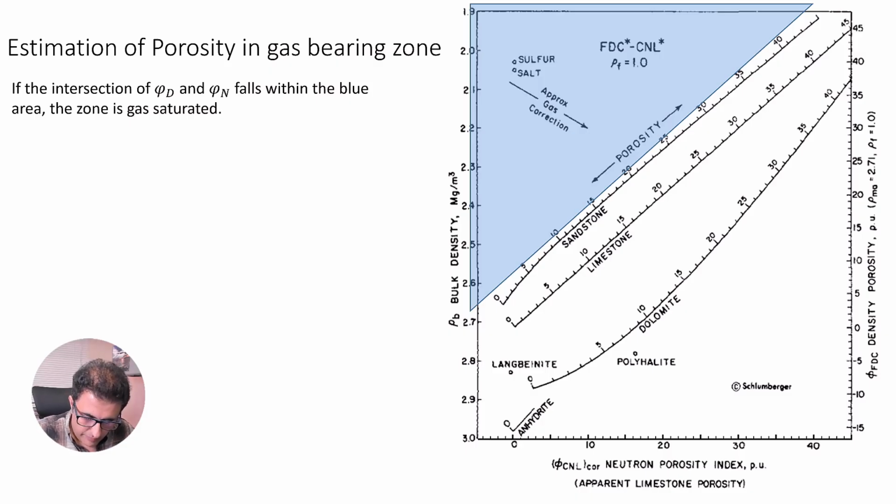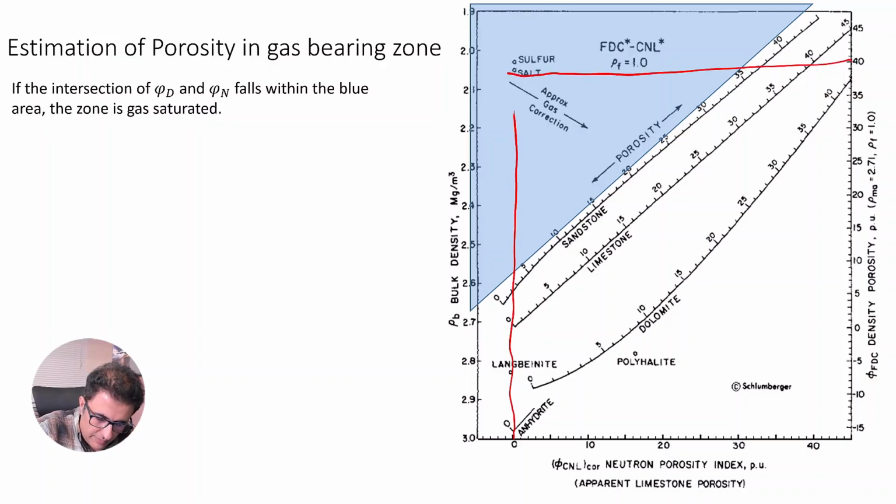For example, assume that the neutron porosity is 0% and the density porosity is 40%. As you see here, the intersection falls in the blue area, and I can say that zone is a gas saturated zone. So this is one way to identify gas saturated zones.